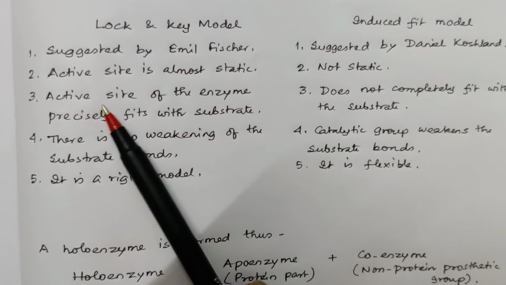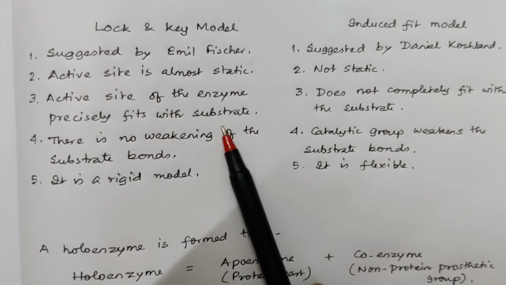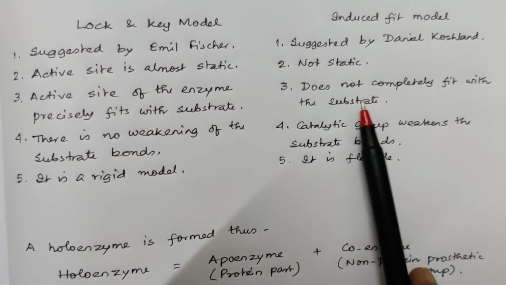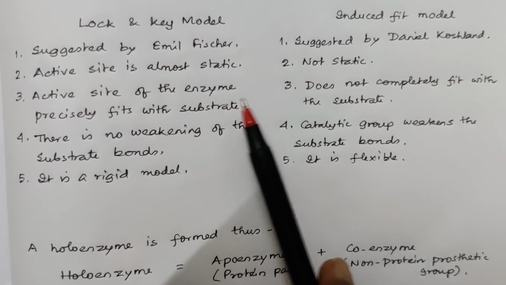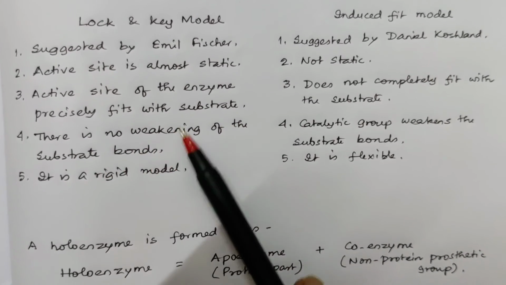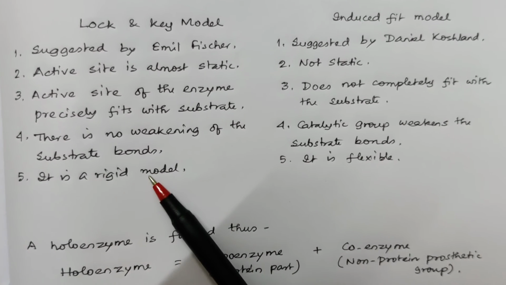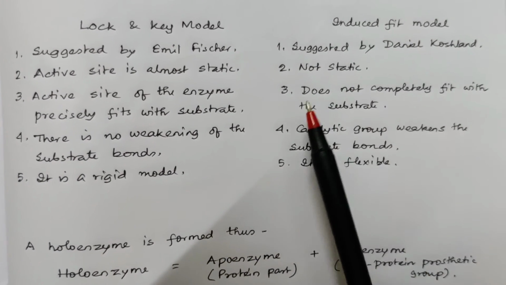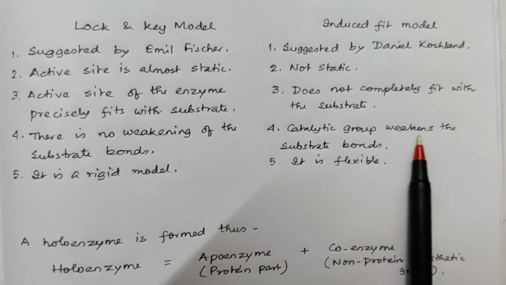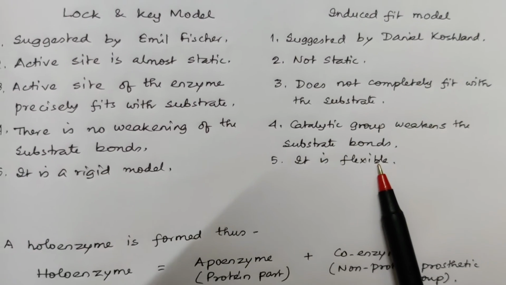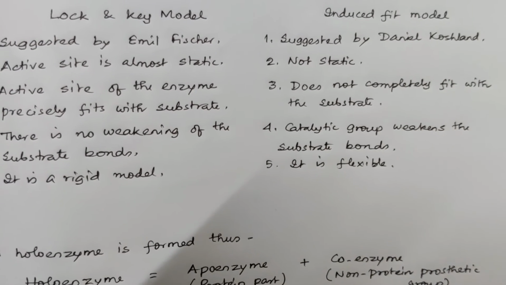In the lock and key model, the active site of the enzyme precisely fits with the substrate, and here this does not completely fit with the substrate. There is no weakening of the substrate bonds in case of lock and key, so it is a rigid model. But in the induced fit model, the catalytic group weakens the substrate bonds, so it is a flexible kind of model.